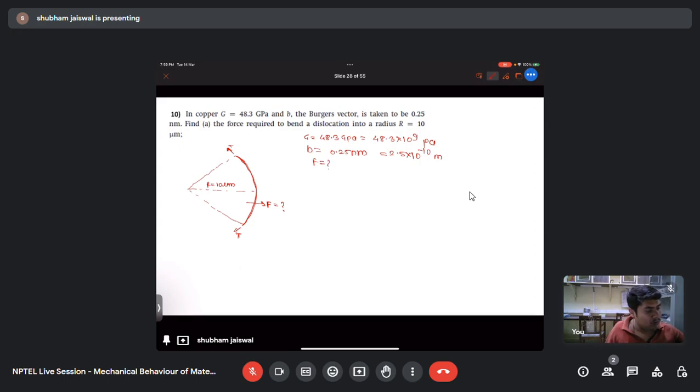So this line will produce some tension. Okay, so it will give some tension T sine d theta by 2, and here also T sine d theta by 2, and here some force will be acting, that is nothing but tau.